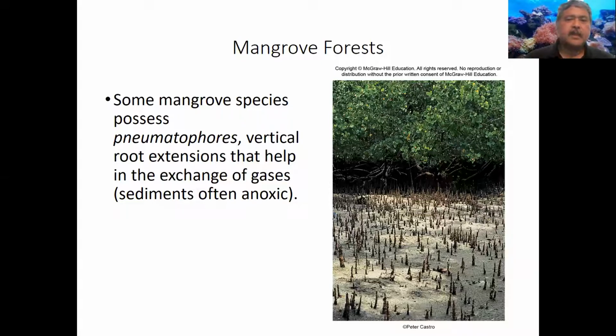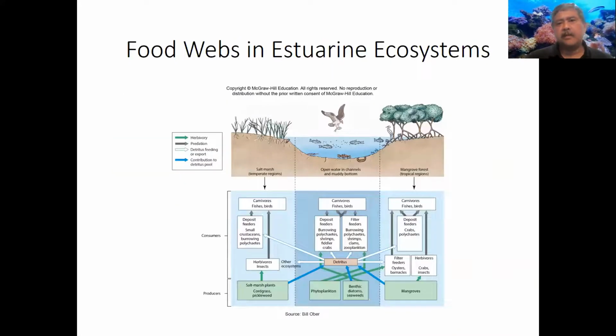from the roots. So mangrove forests are a type of estuary. Here's a graphic that shows you food webs in the estuary ecosystem, but they're so complex. But over here you see that just as in all food webs that we study, there are producers here, whether it's a salt marsh where you have cordgrass, or a river bottom.